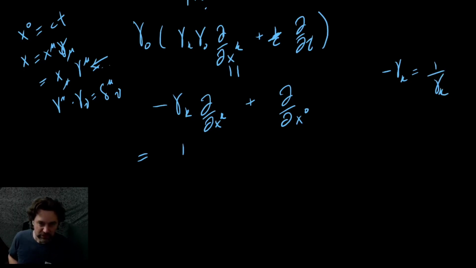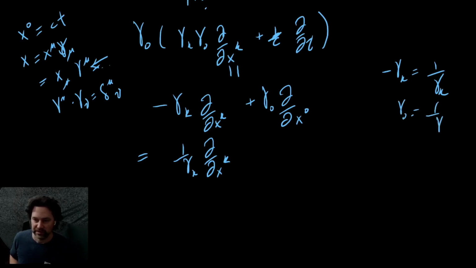So that is 1 over gamma k, ∂/∂x^k. And I dropped the gamma naught here, but gamma naught was 1 over gamma naught. So this is 1 over gamma naught, ∂/∂x^0.